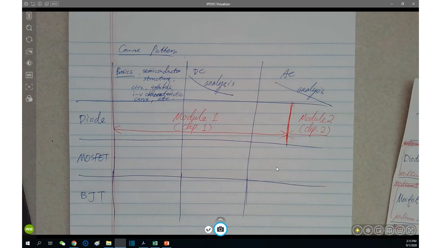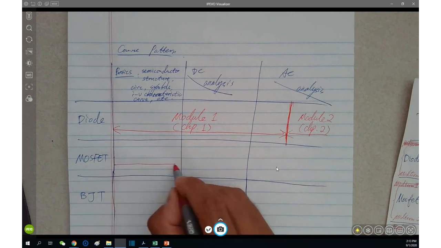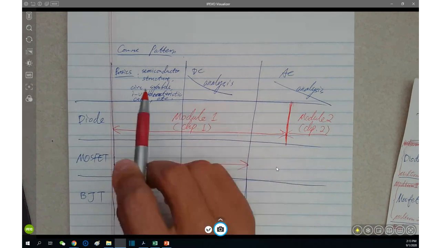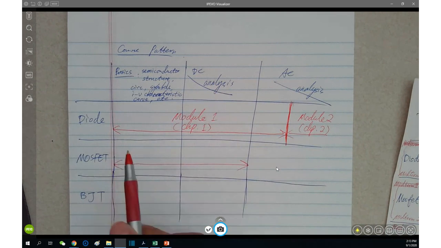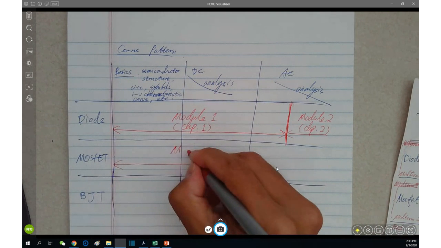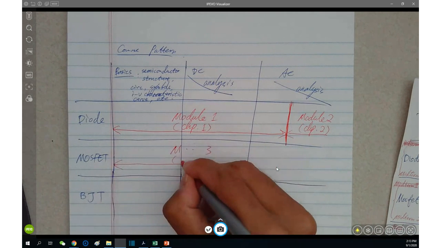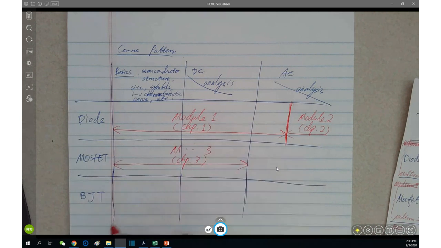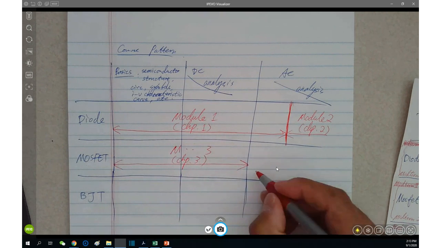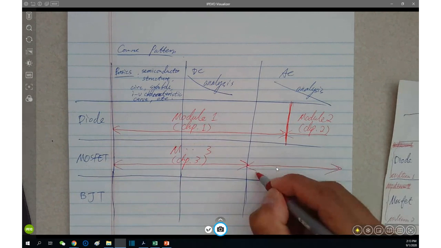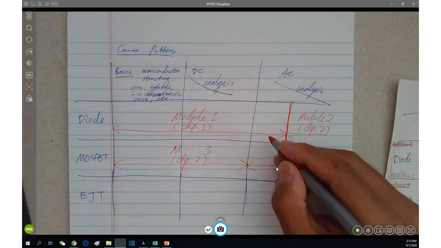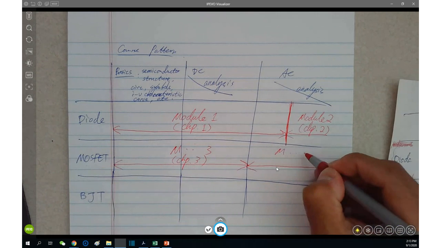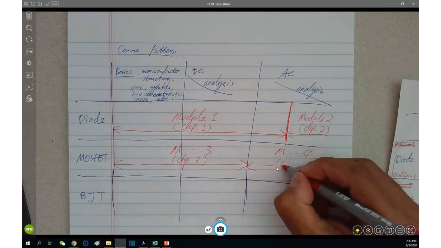And then similarly, the basics and the DC analysis of the MOSFET belong to module 3, or say chapter 3. The AC analysis of the MOSFET belongs to module 4, chapter 4.